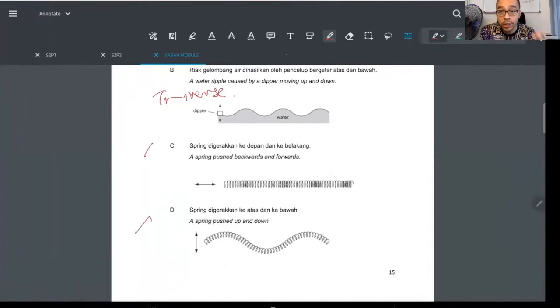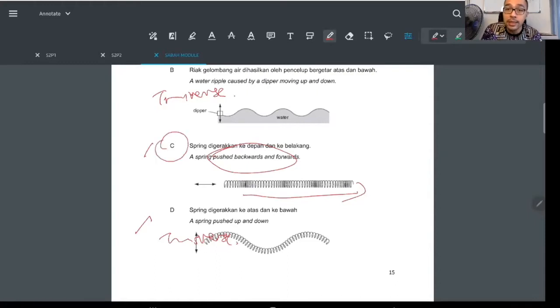It's like water waves, so it's also transverse. Spring is pushed backwards and forwards. You push backwards and forwards, the wave moves. You will see the wave moving, but your spring is moving backwards and forwards. So this is the answer. This is longitudinal waves. An example of longitudinal waves will be sound waves.